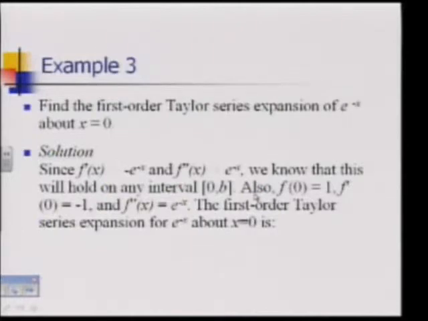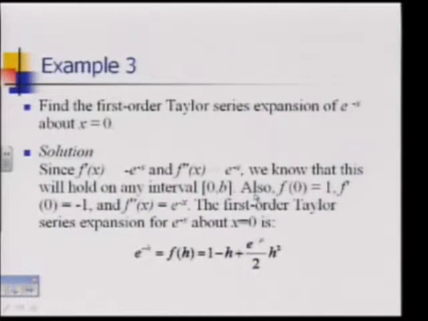Also, when x equals 0, e to the 0 is 1, and the first order derivative evaluated at 0 is minus 1, and the second order derivative evaluated at 0 is 1, so the 1 and minus 1 alternate, right? So if you expand around some neighborhood close to 0, it's 1 minus h, and then plus h squared over 2, right?